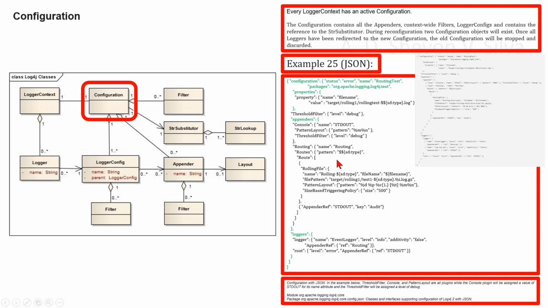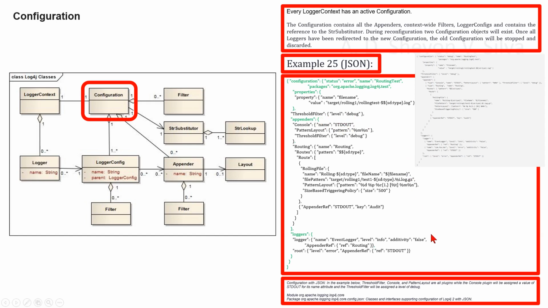In this example here, the threshold filter, console, and pattern layout are all plugins, while the console plugin will be assigned a value of stdout for its name attribute, and the threshold filter will be assigned a level of debug.